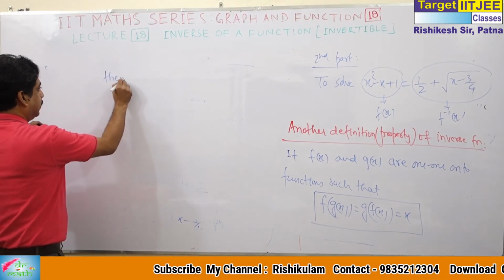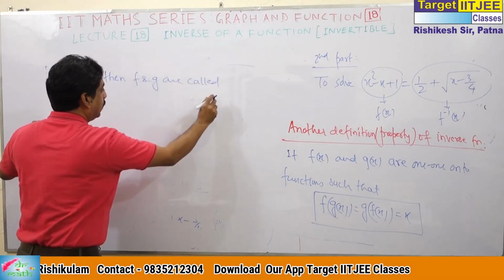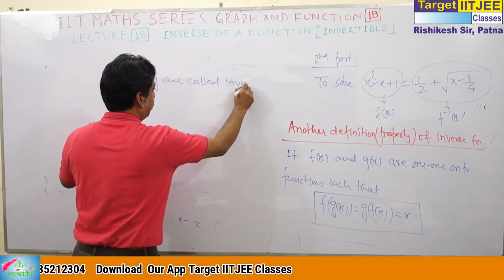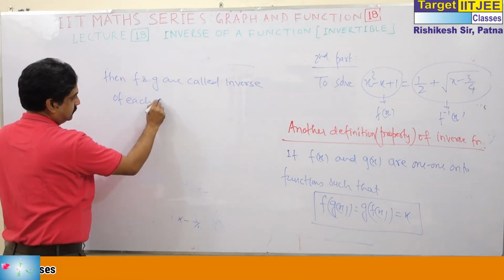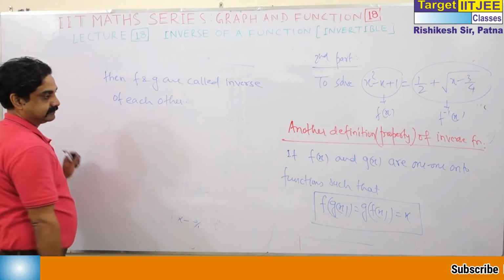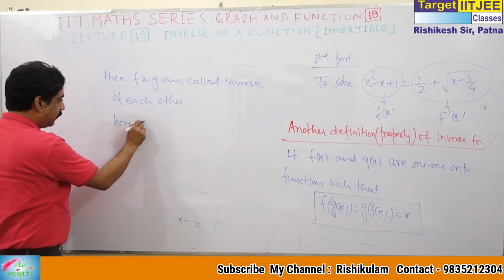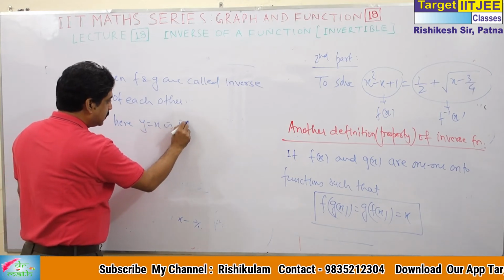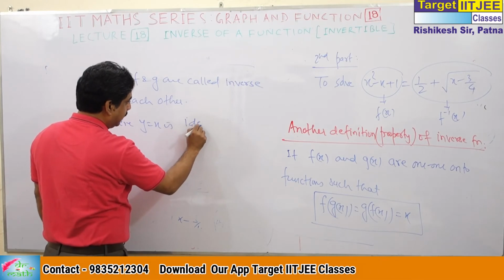then f and g are called inverse of each other. Here y is equal to x is the identity function.